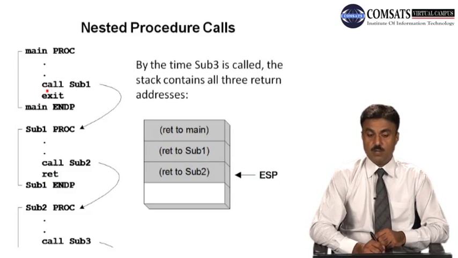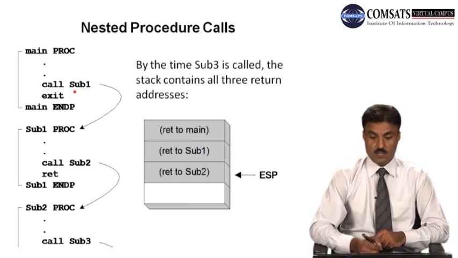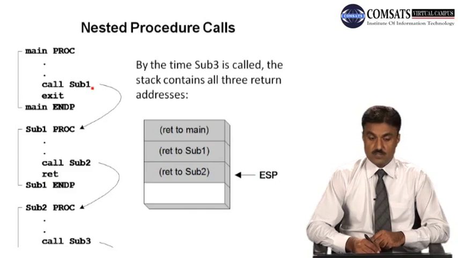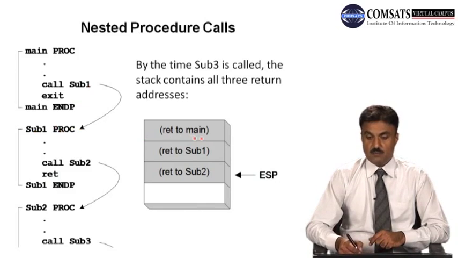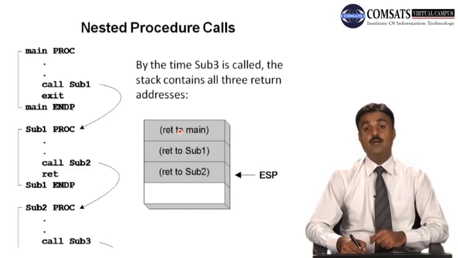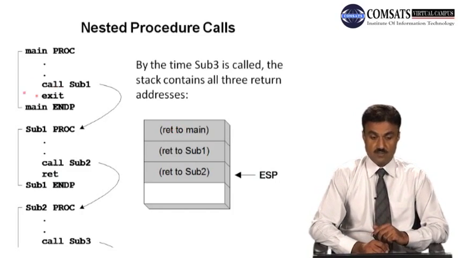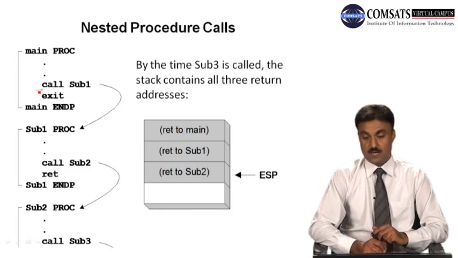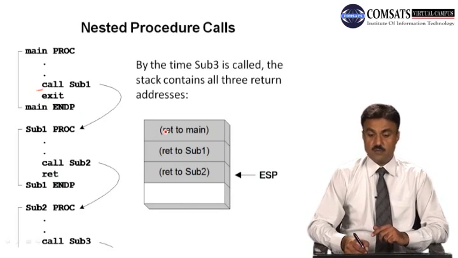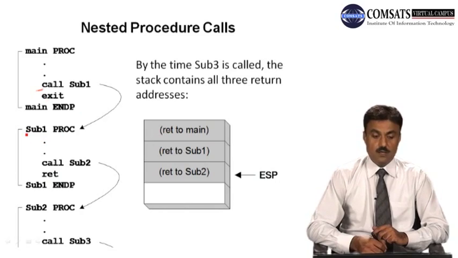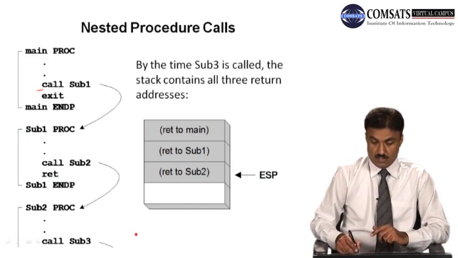Inside this main program we are calling sub1, and before going to call this sub1, the return address to the main program is stored. It is possible that other parameters are stored too, but at least the instruction pointer, the address of the next instruction in the code segment, must be stored inside the stack. So I can write here, this is the stack.